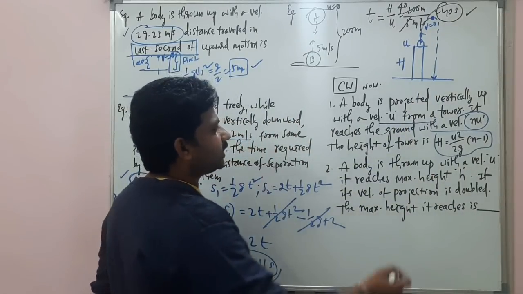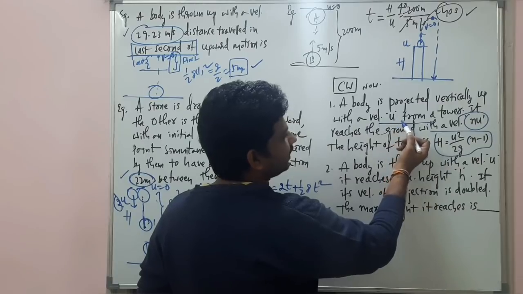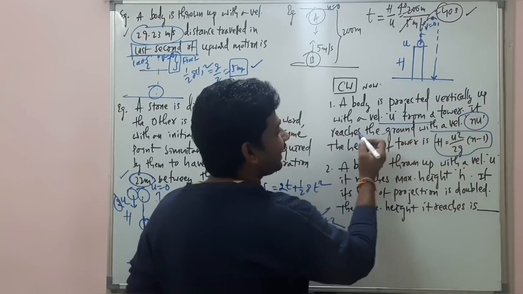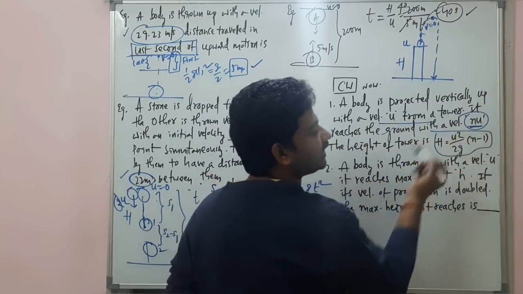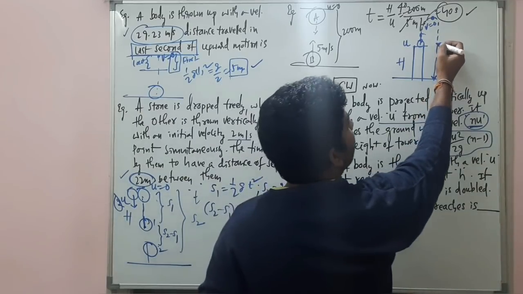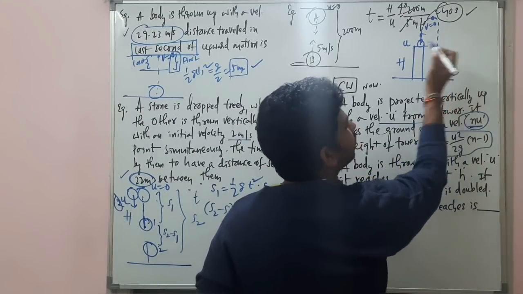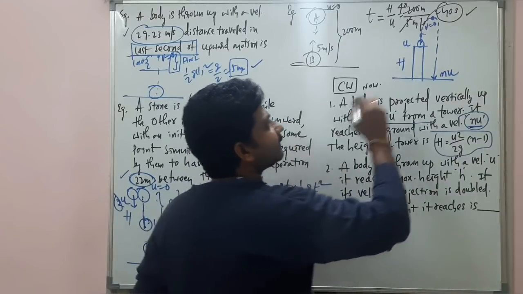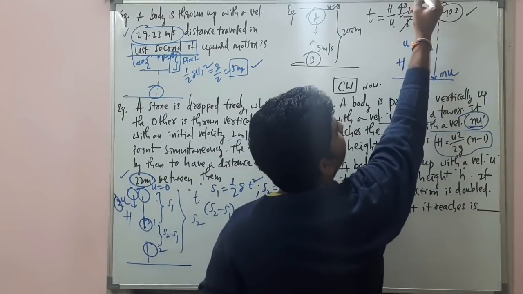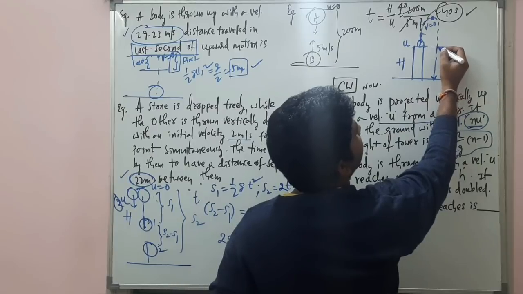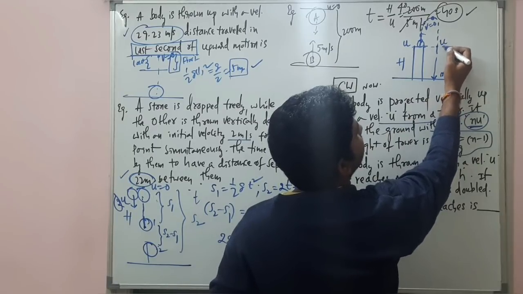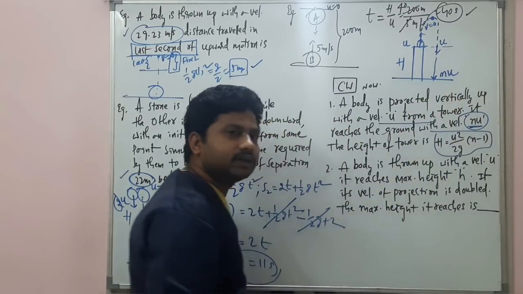The question is, it is thrown with the initial velocity u from a tower. It reaches the ground with a velocity nu. Means with nu it is reached. But interesting thing is, it is thrown up with velocity u at the same height. So definitely it will be coming down with the velocity u, right?